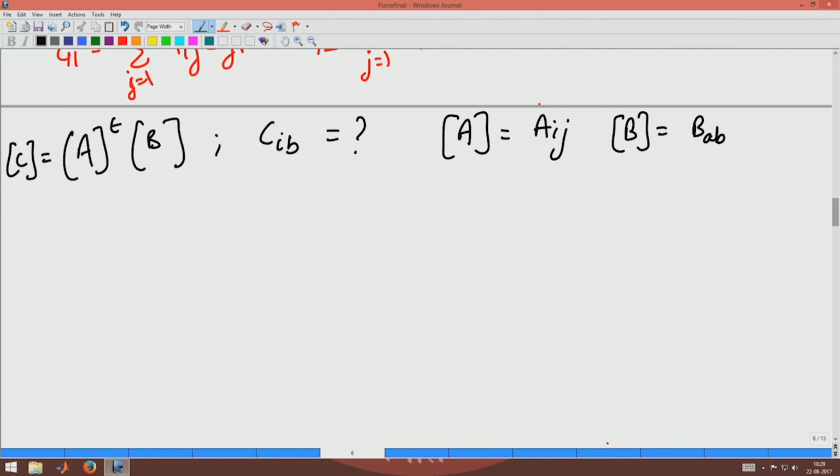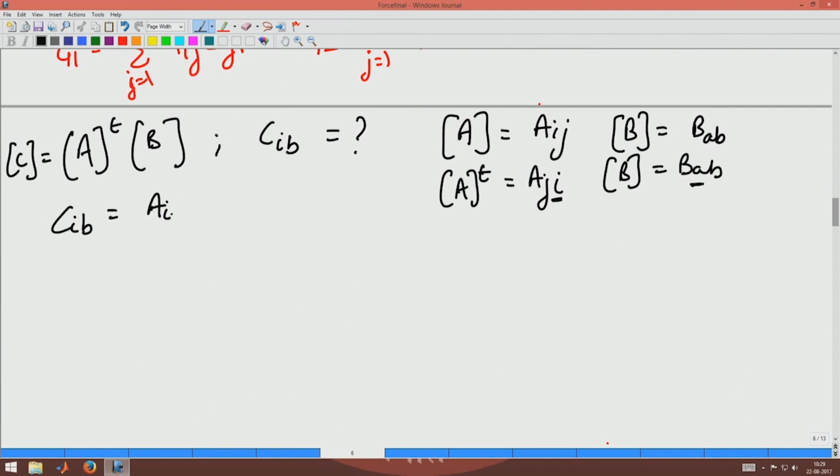Now, since it is transpose, A transpose would be Aji, and this I have to multiply with Bab. So, now multiplication means I have to make these two indexes the same. So, it will become Cib would be Aij Bjb.